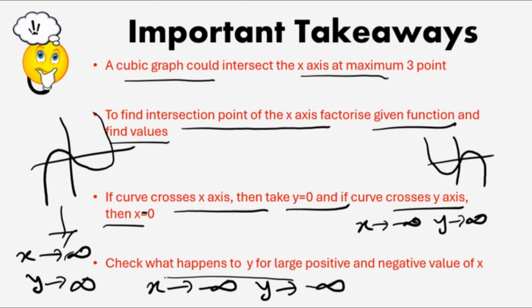And when x tends to positive infinity, then y tends to negative infinity, which is opposite. So depending on what type of graph is there, you have to do this.